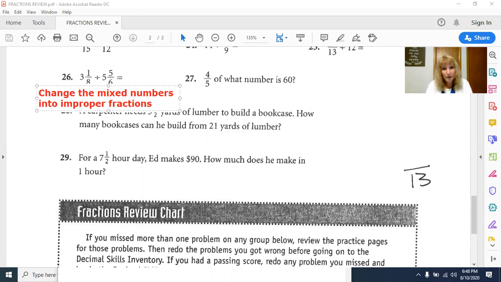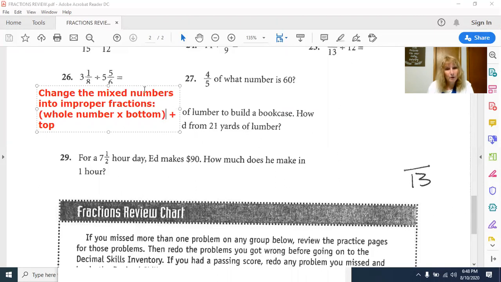How do you do that? You take whole number times the bottom and then plus the top. You do that first and then you add the top. That's how you change into an improper fraction. And you can apply your keep, change, flip at that point.